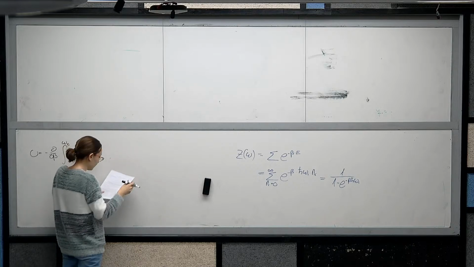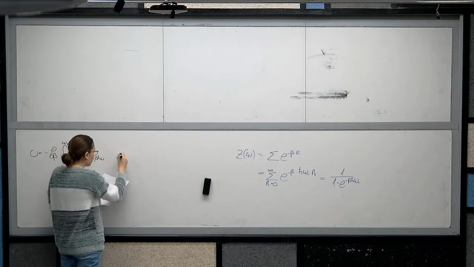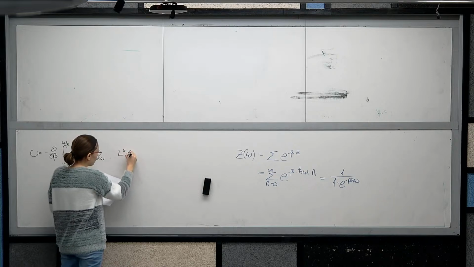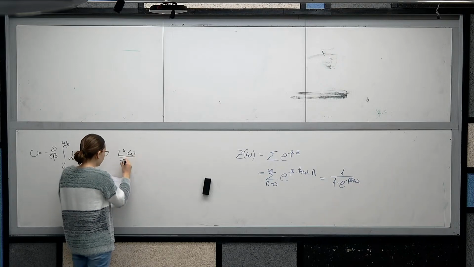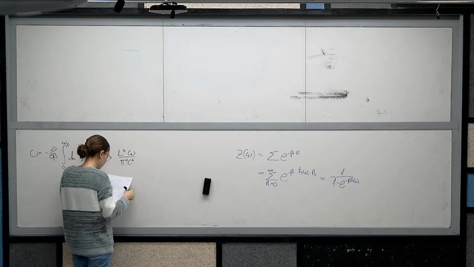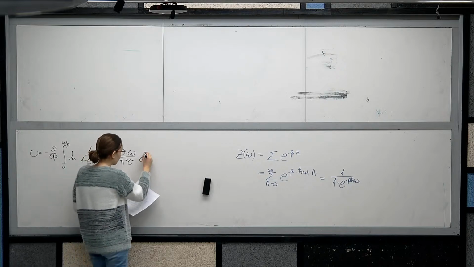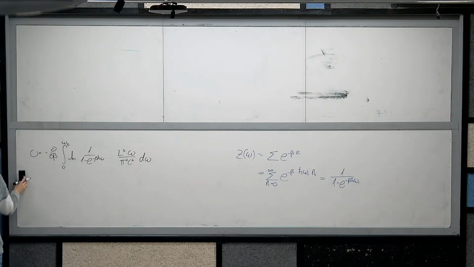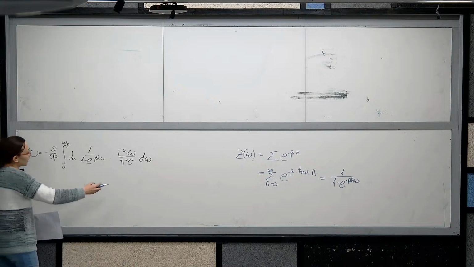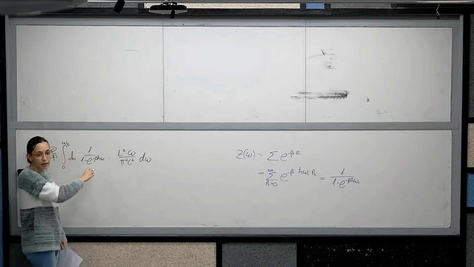The density of states is L to the third times omega divided by pi squared c squared, d omega. And we don't know how to solve this integral.